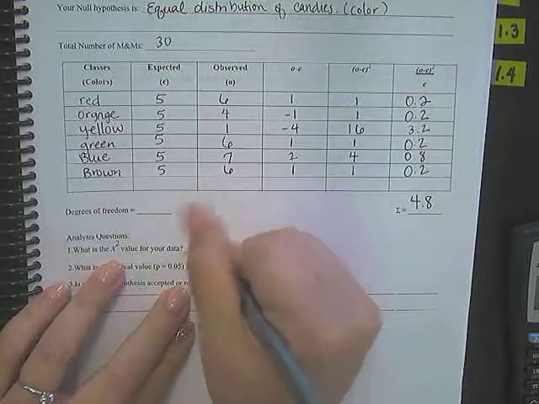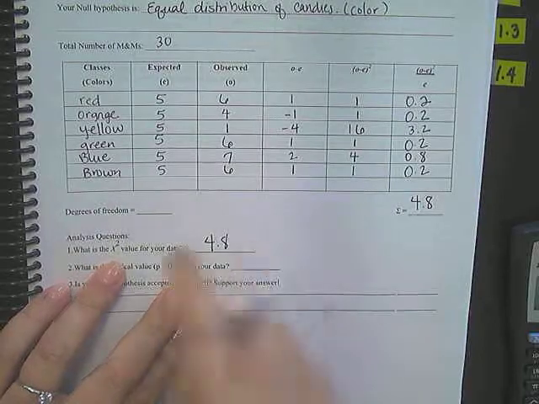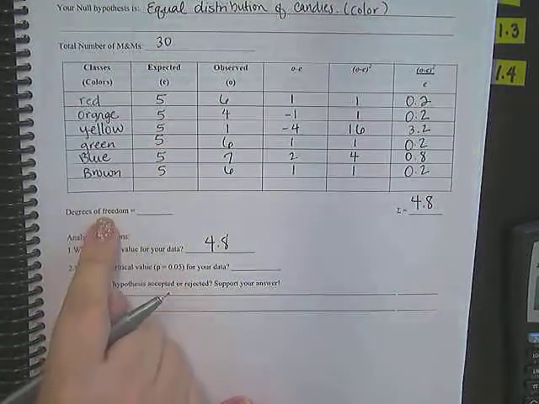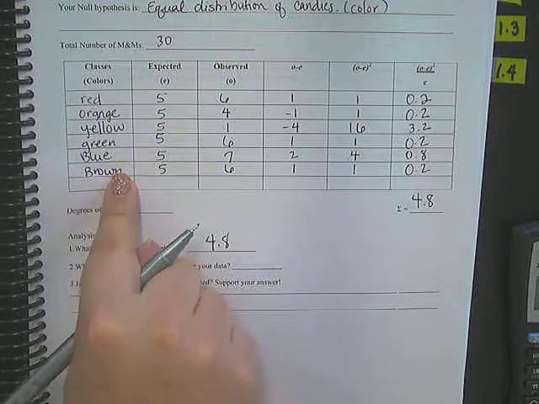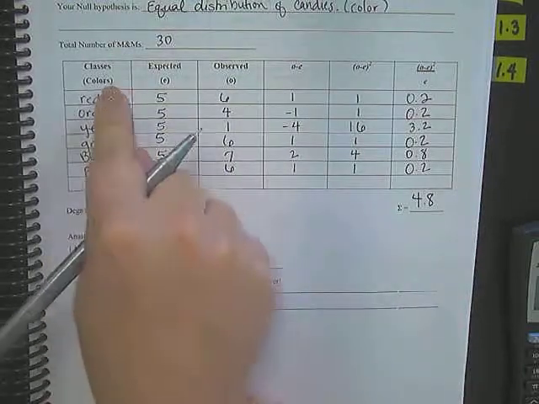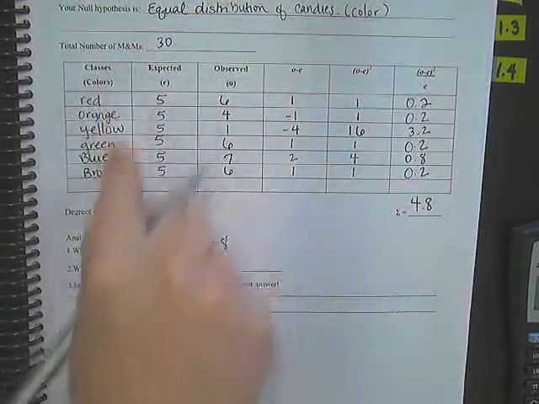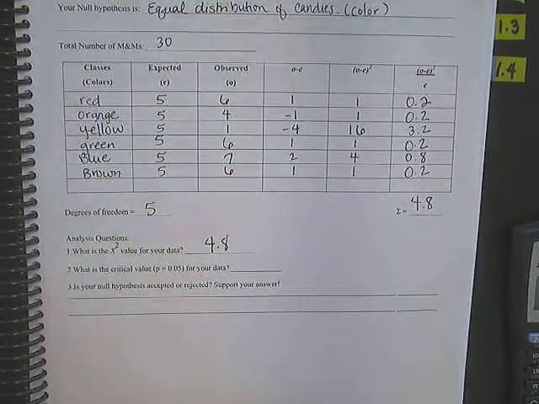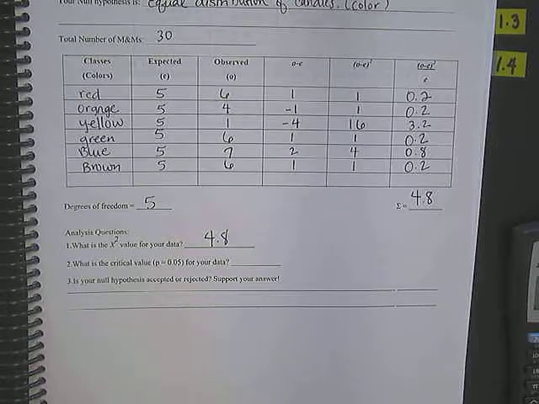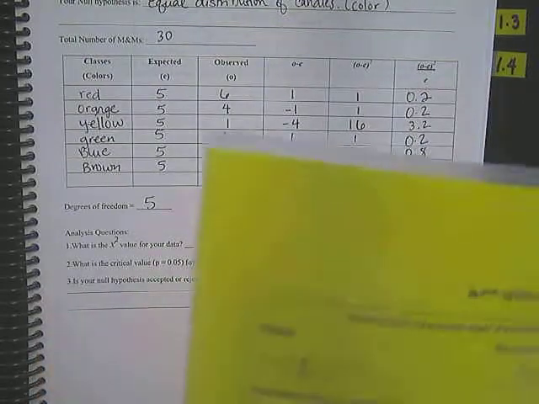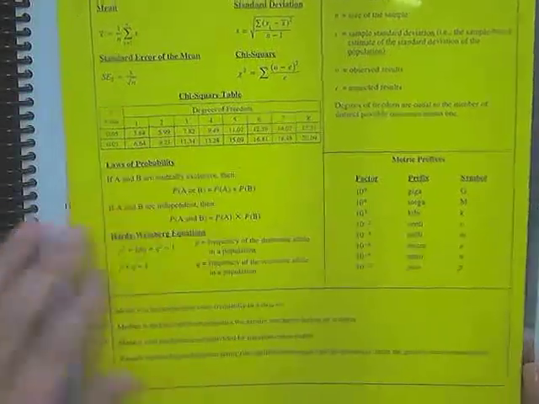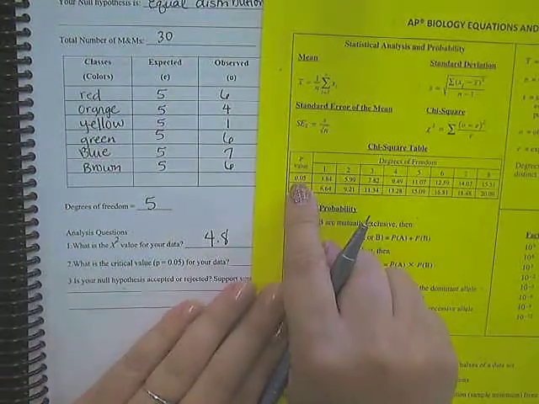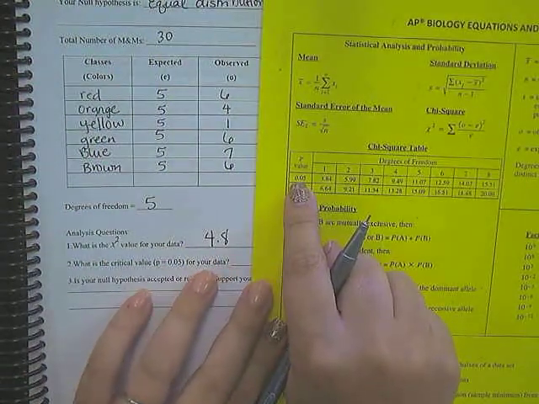That is the chi-square. Your degrees of freedom will always be the number of options minus 1. In this case, since we had 6 options, 6 minus 1 is 5 as our degrees of freedom. You can look up the critical value in your notebook, or you're also going to have a separate formula sheet. We always use that p-value at 0.05.